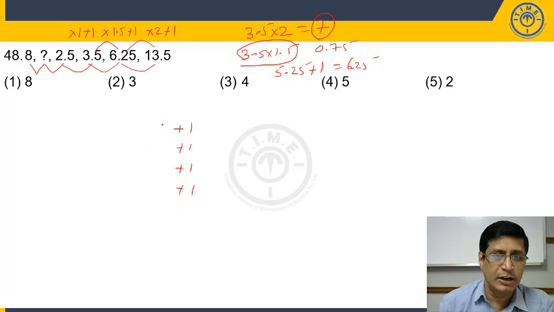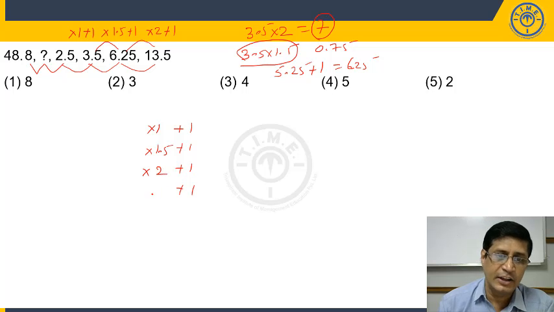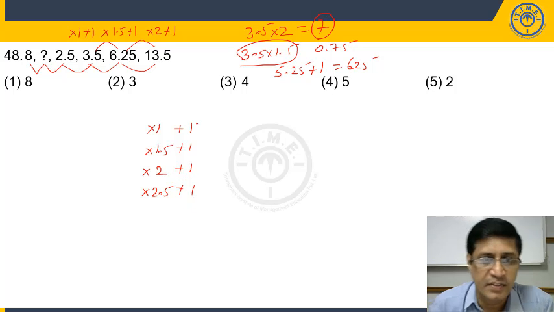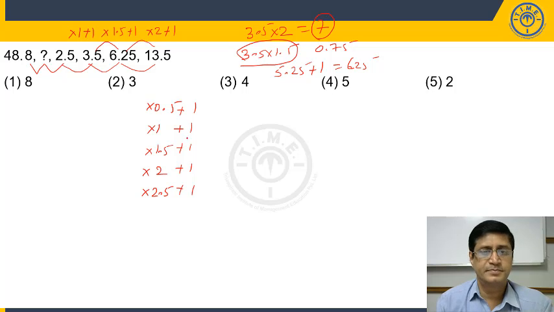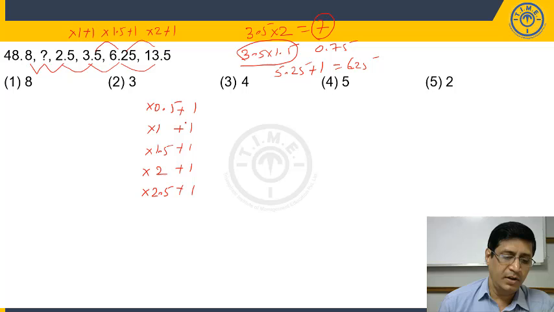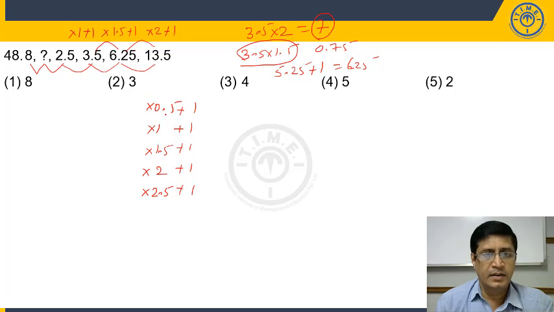First multiplying with 1 and then adding 1, then multiplying with 1.5, adding 1, multiplying with 2 and adding 1, and next multiplying with 2.5 and adding 1. Then what is the previous value? Means multiplying with 0.5.